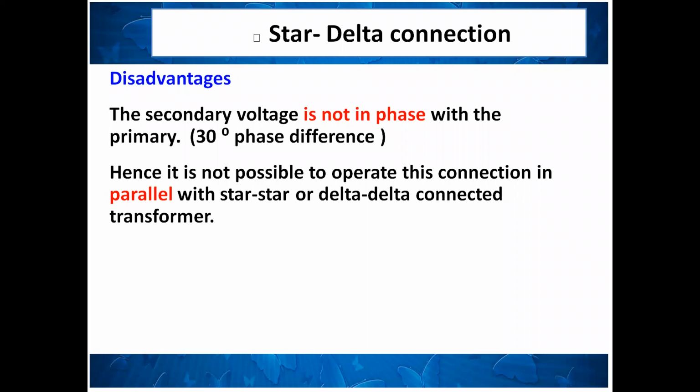Hence, when we go for parallel operation of 2 or 3 transformers, we should only select the same configuration, either all star-star, all delta-delta, or all star-delta. We cannot operate one transformer in star-star in parallel with one in star-delta.